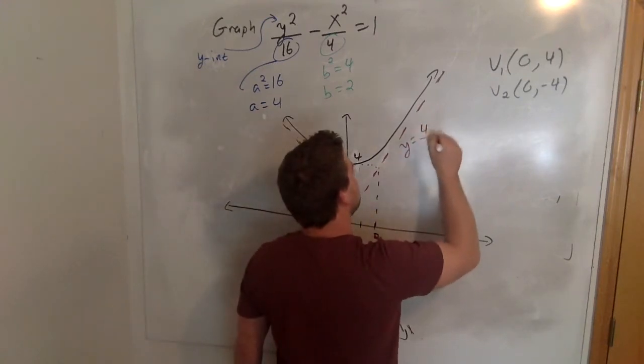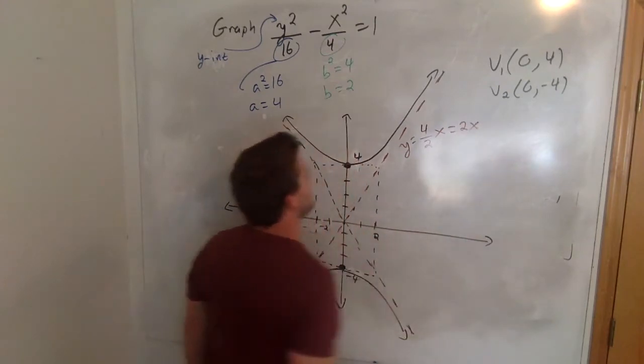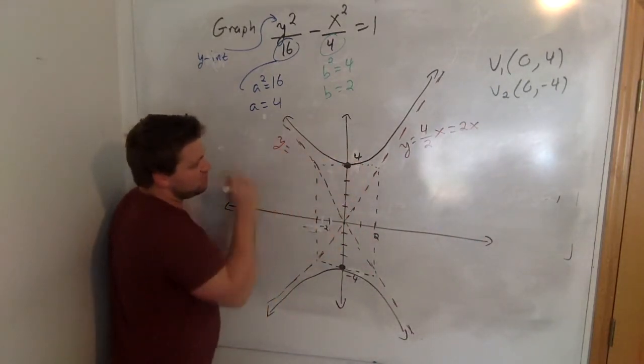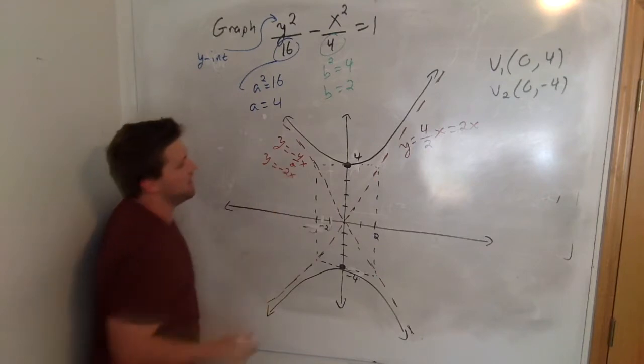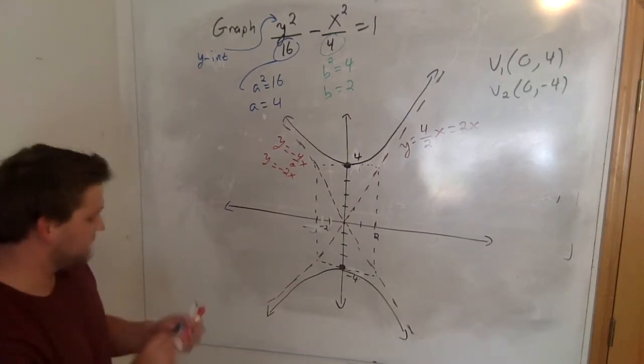So this will be 4 over 2 x, or we could just say 2x. This one here will be y equals, it'll be the same slope, just negative. It'll be negative 4 over 2 x, or y will be equal to negative 2x. Okay, so we have the 2 slant asymptotes.